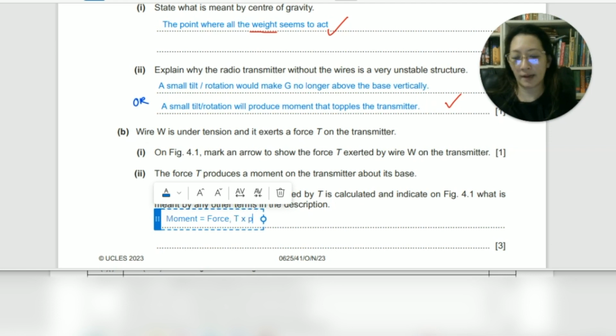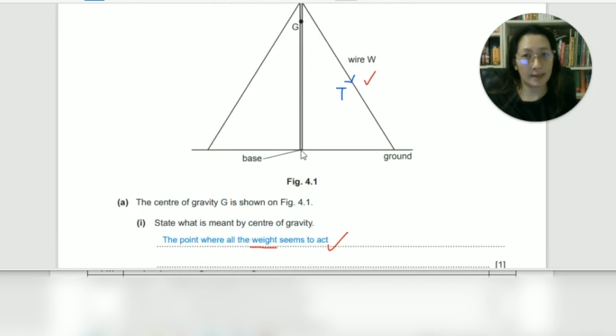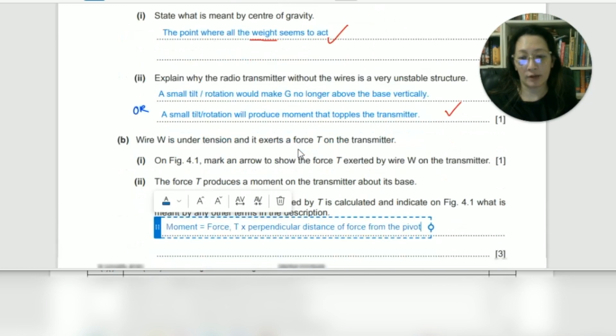And you're going to multiply this force with the perpendicular distance of the force from the pivot. Now, if you wrote base, it's also accepted because the base is the pivot in this question.